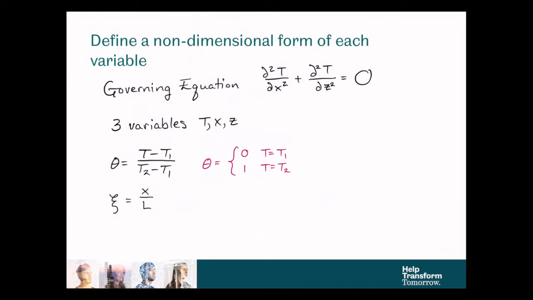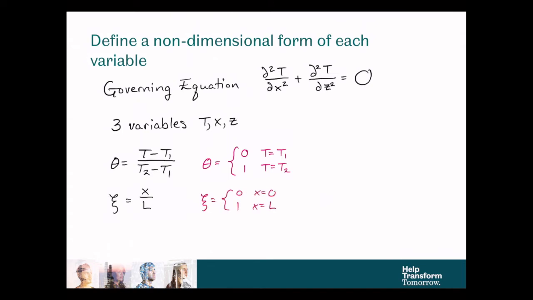Moving on to x, we use the Greek letter xi to represent our non-dimensional x position. And here it's a lot easier to non-dimensionalize it because there's only one characteristic x length in the problem, and that's L. And so if we just divide x by L, we get our non-dimensional variable xi.